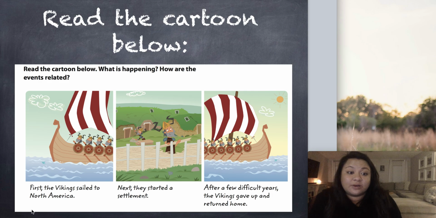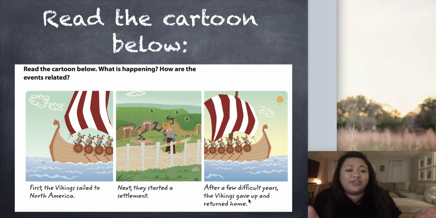Those are sequencing words, and those help put these events in order. And it helps us know that at first the Vikings sailed to North America. And then why did they do that? When it says next, that tells us why. They started a settlement. And then we can tell that after a few difficult years, they were having a really tough time, they gave up and they returned home.